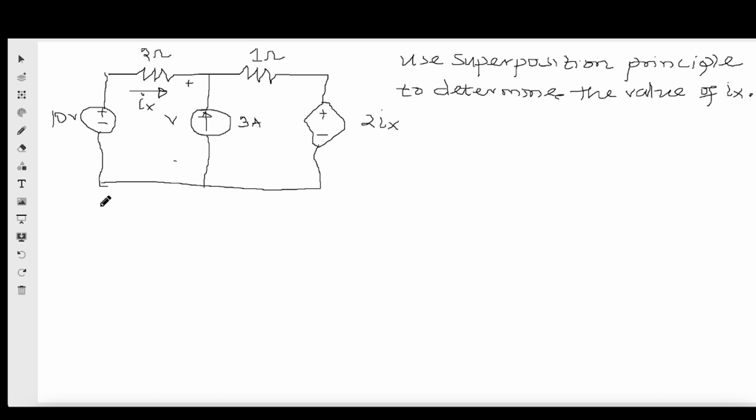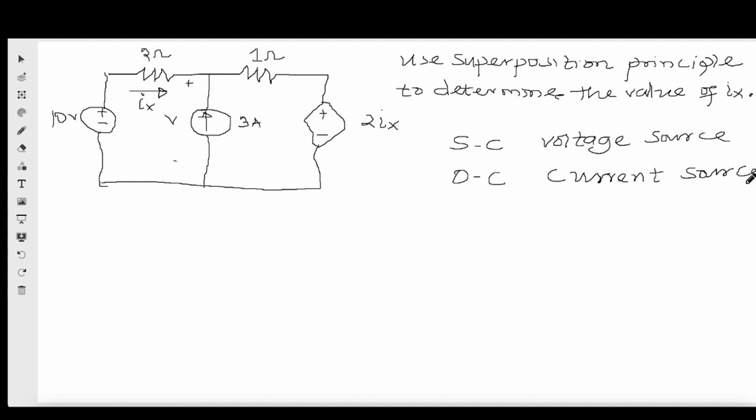So drawing our separate circuits for the independent sources, we short circuit the voltage source and we open circuit the current source. Let's make the voltage source stand alone, and therefore we open circuit the current source.